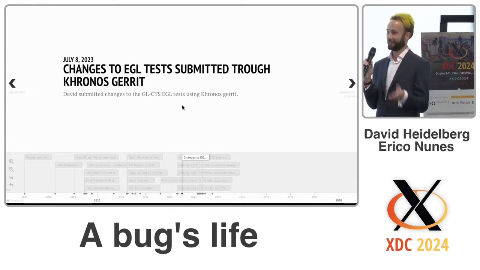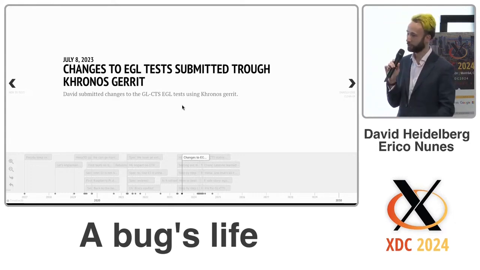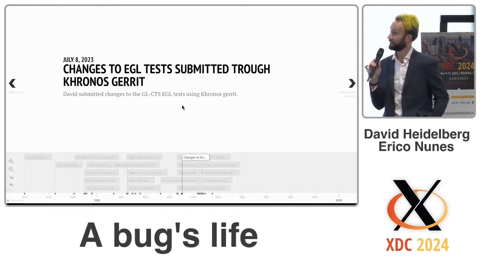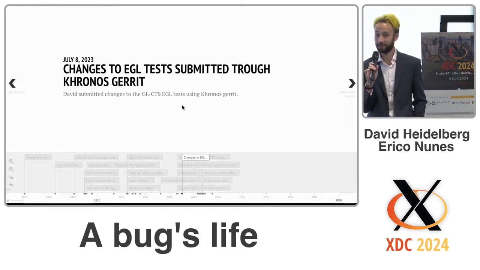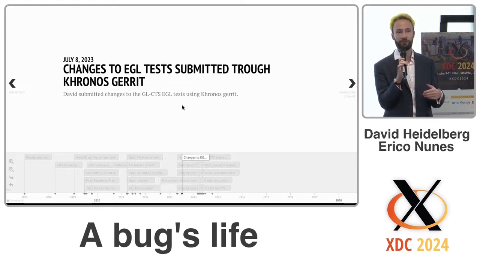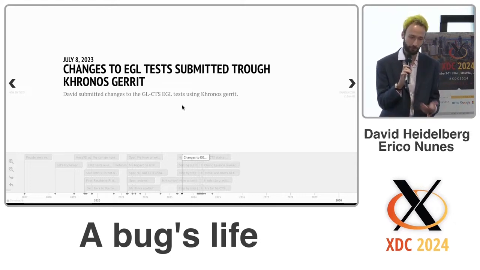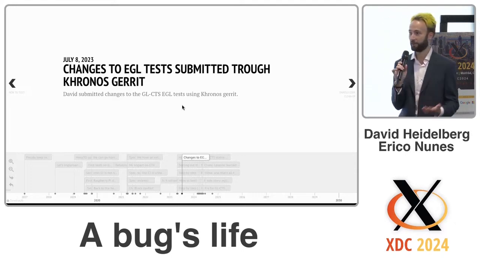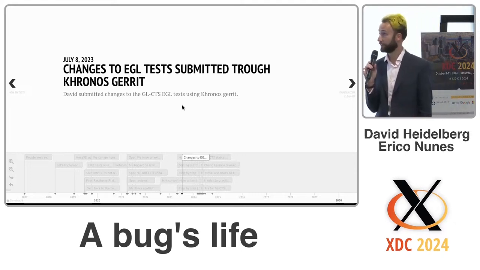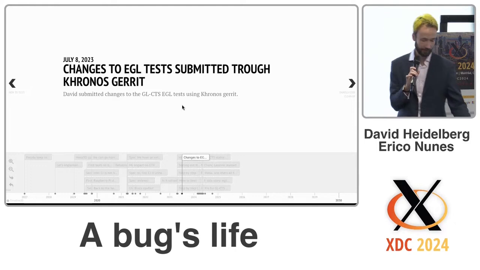So that was a little bit of a detour. But at some point, I managed to submit the test. It's kind of challenging when you haven't done it before or haven't worked with Gerrit, because it's a very different environment from GitLab, but it can be done. It's just a little bit more work.